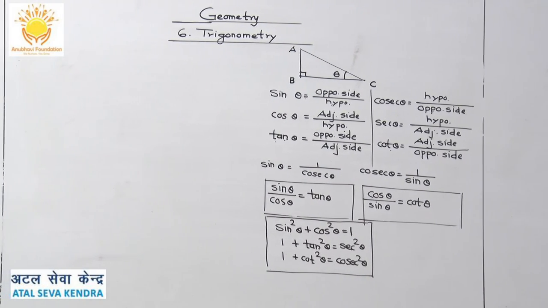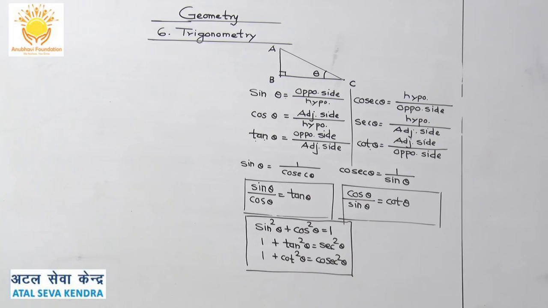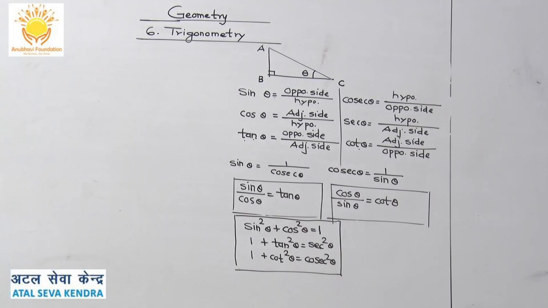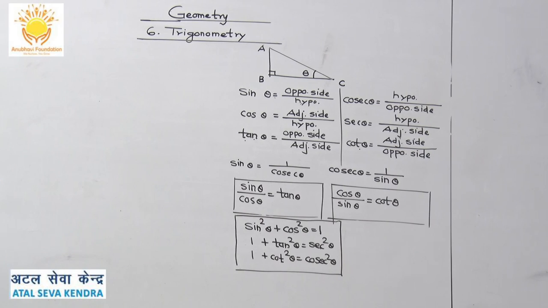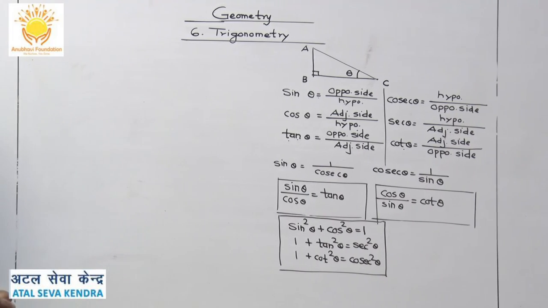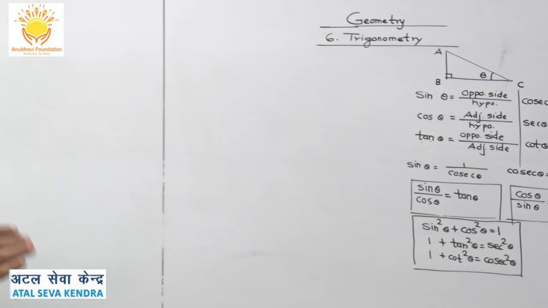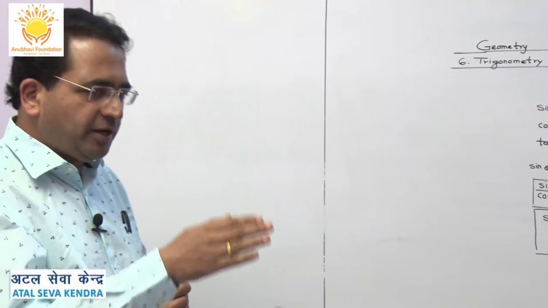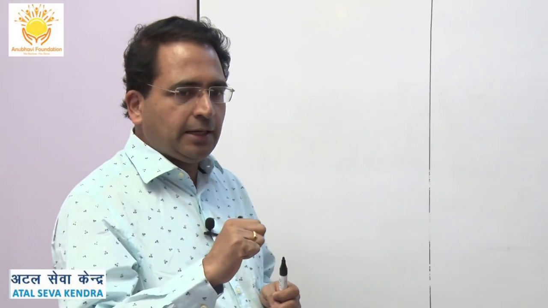There are two methods which we will do unless specified. Suppose the question is asked to you that some ratio is given to you, find the remaining trigonometric functions of a particular angle, then I will advise to go for a triangle method. But suppose they ask you that you have to find out the remaining values by using a formula or by using identities.